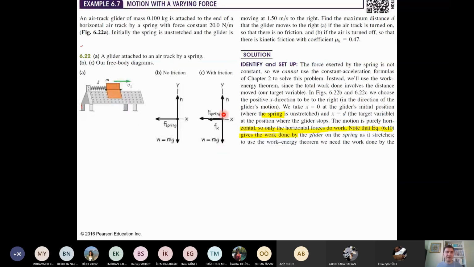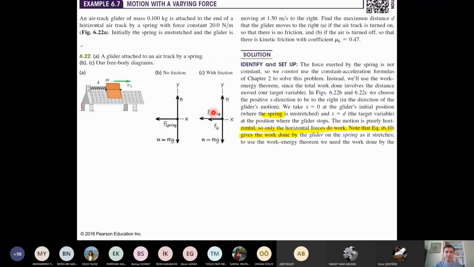We have F spring to the left side, but we also have a friction force to the left side due to the friction between the glider and the air track. Why is the friction to the left side? Because the movement of the glider is to the right side. Friction force is always opposite to the movement, don't forget. So now we have two free body diagrams for two different conditions, with friction and without friction.